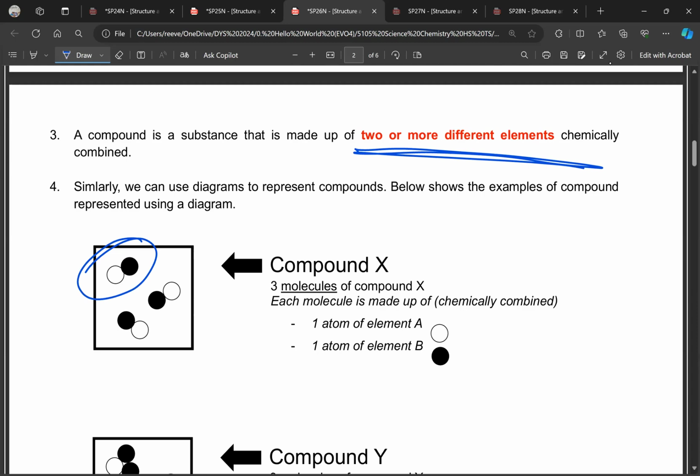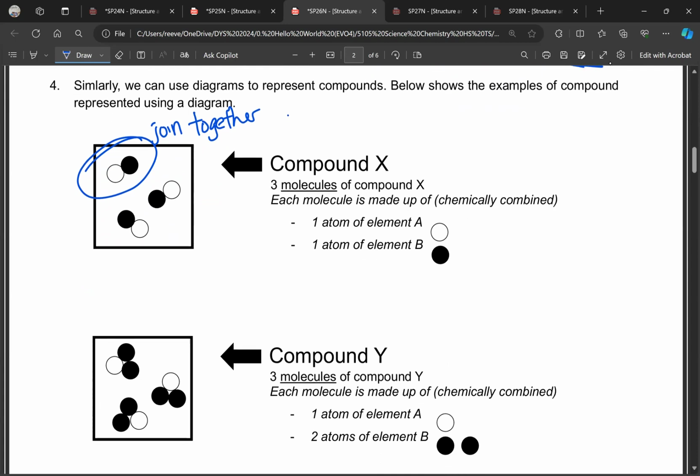So it's chemically combined. The white circle and the black circle join together, which means a covalent bond. So it's chemically combined, and it's two different elements, one black, one white. So this represents a compound.